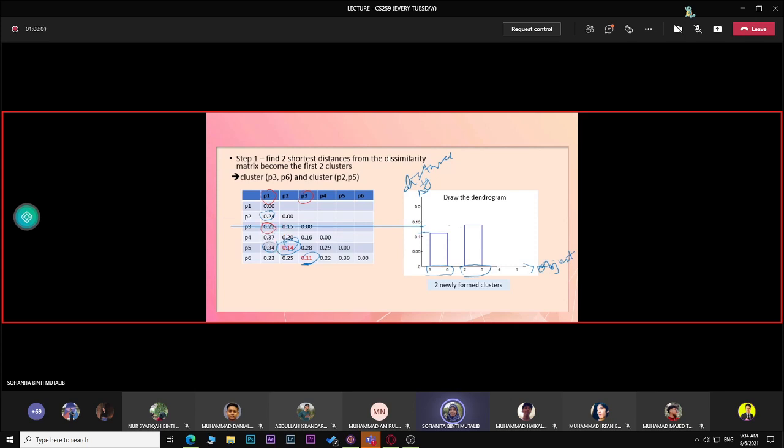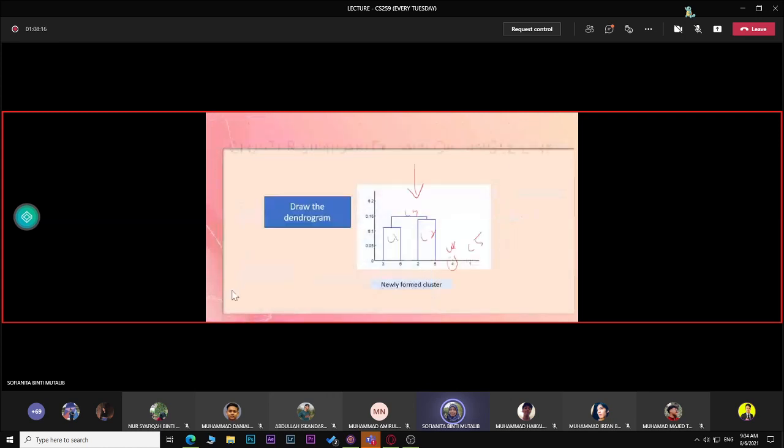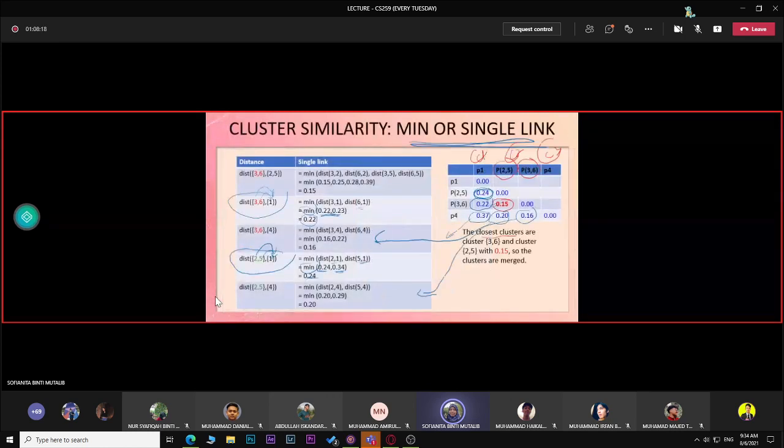So dia ada temp memory lah di sini. And then object 3 and object 6, object 1 and object 6. So data ni ada. As I said just now, you want to get the distance of 3, 1 and 6, 1. So you have to make reference to the previous matrix.